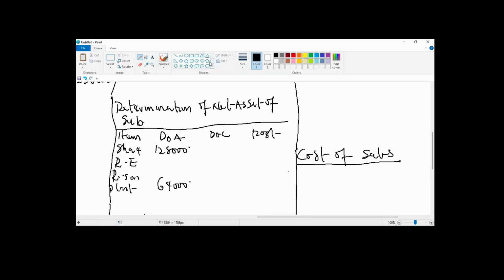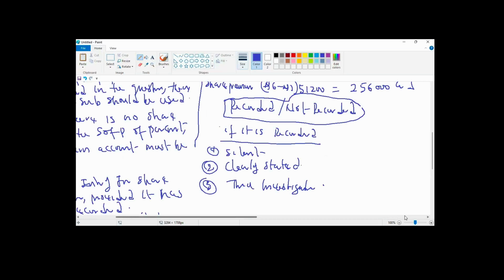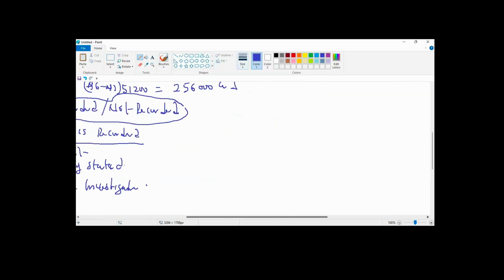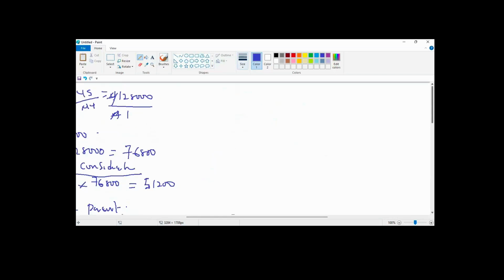Let's go to the working. Depreciation: $64,000 divided by 5 times DOA to DOC, 6/12.